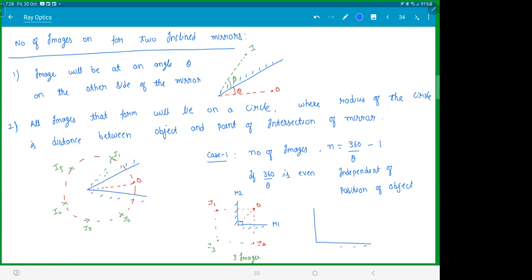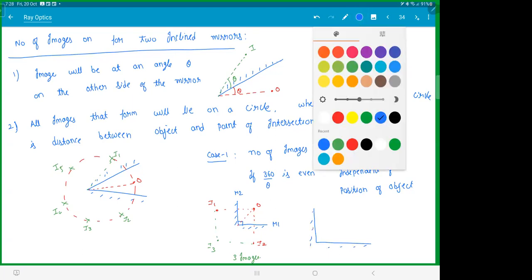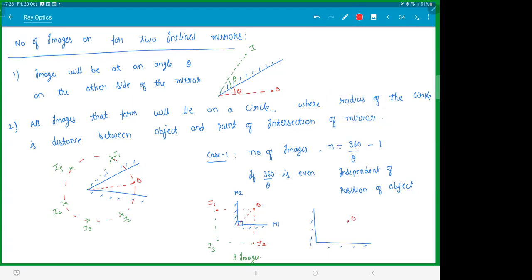See, this is the object. So these light rays from here will go to this mirror. So M2 will think I1 is also an object. So these light rays are coming, M2 will think these light rays are coming from I1.